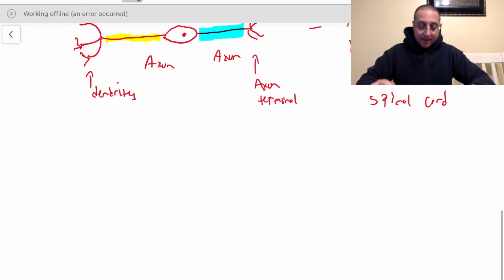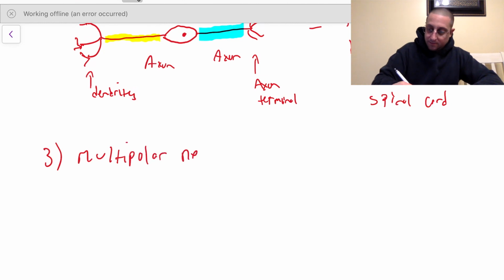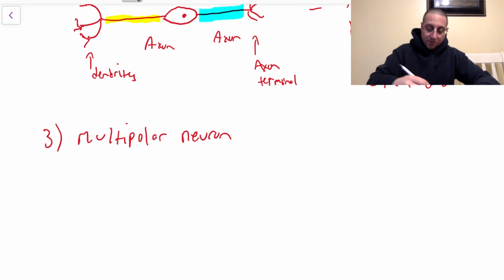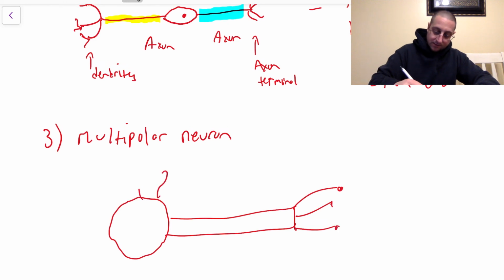Right? And then the last one is going to be our typical multipolar neuron. And this one is your regular neuron. It's called multi because you have a lot of processes coming out of the cell body over there.